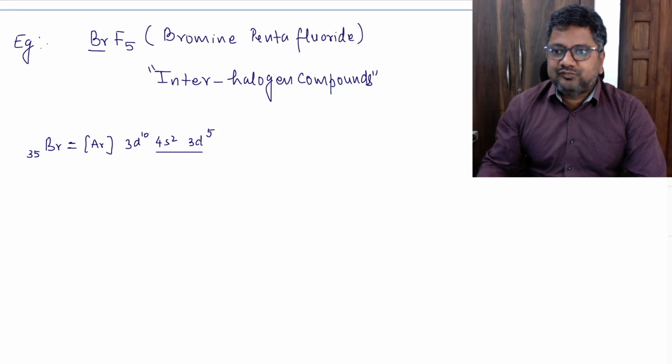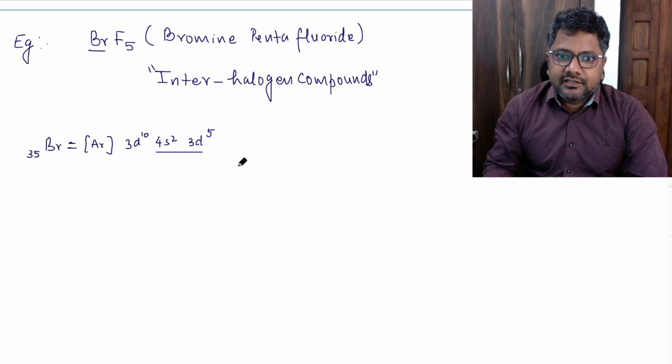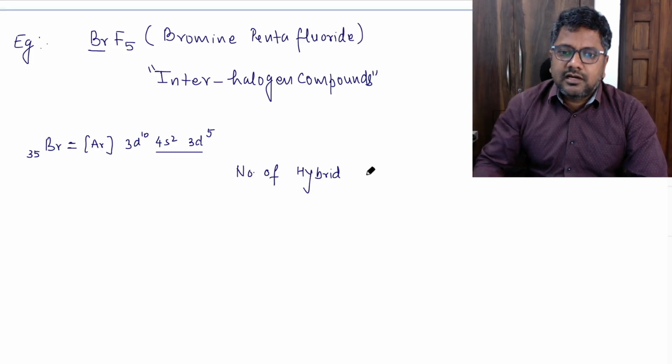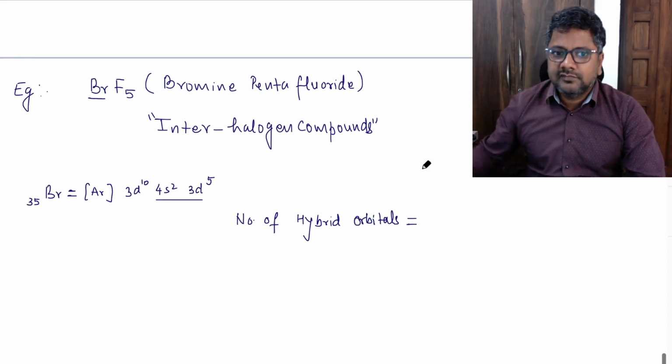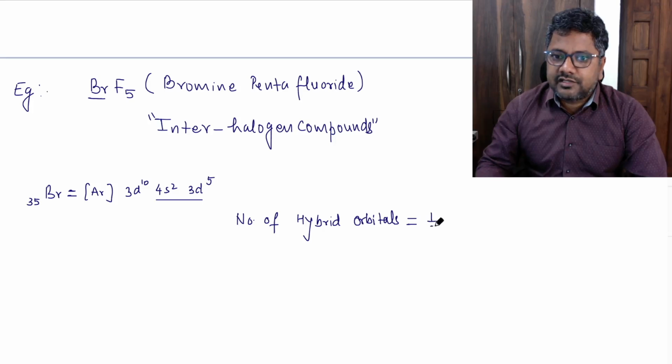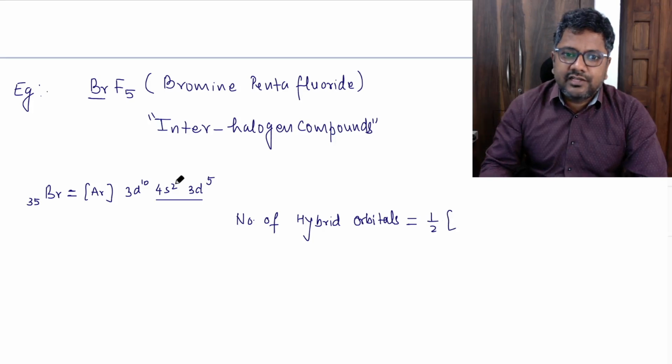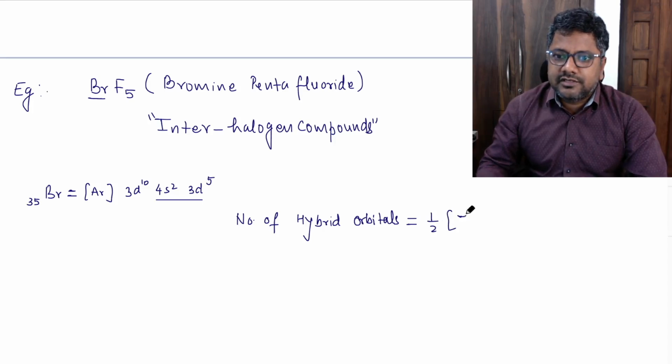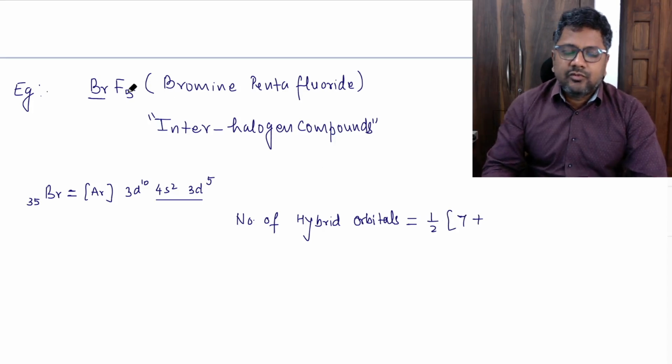Now the number of hybrid orbitals is equal to half of the valence shell electrons. The valence shell electrons are 5 and 2, that is 7, plus fluorine is monovalent.